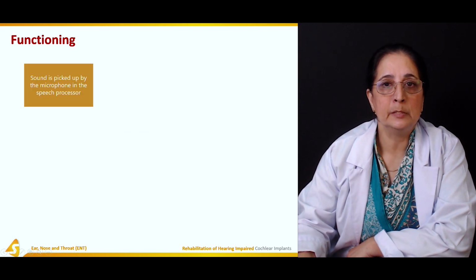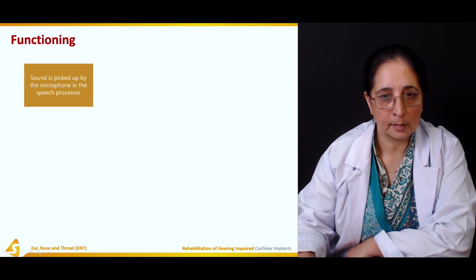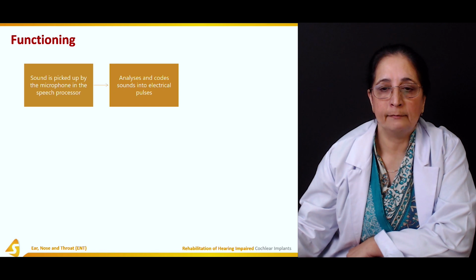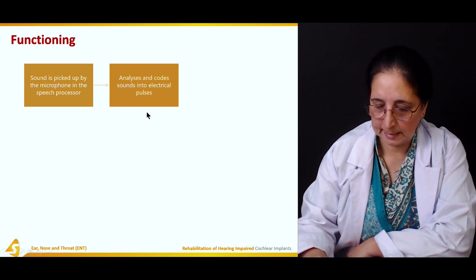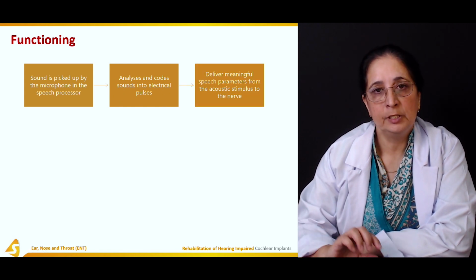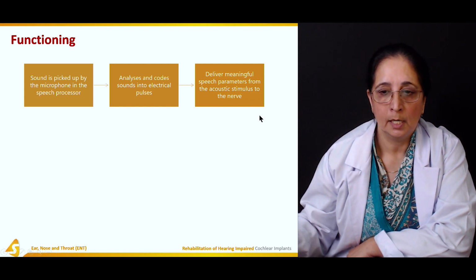Functioning: sound is picked up by the microphone in the speech processor. Then it analyzes and codes the sound into electrical pulses. Then it delivers meaningful speech parameters from the acoustic stimulus to the nerve.